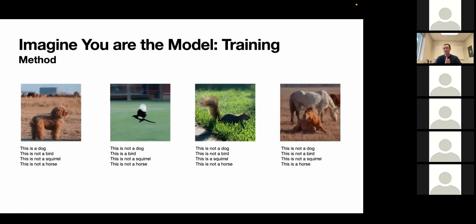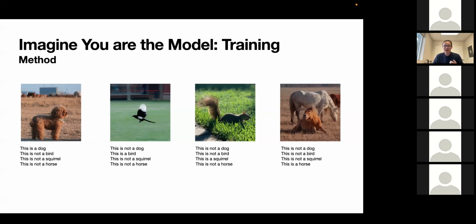And I don't want to start by introducing the model architecture here. I just want to do an experiment with humans, because humans are really good learners. So I can train you, and you will understand the whole training method.